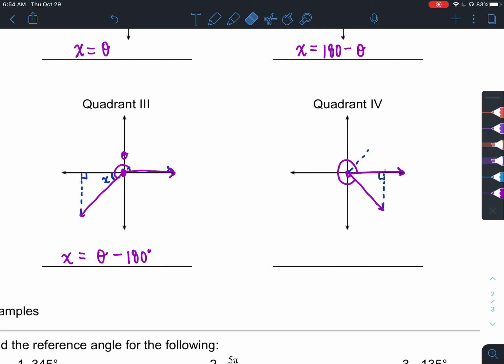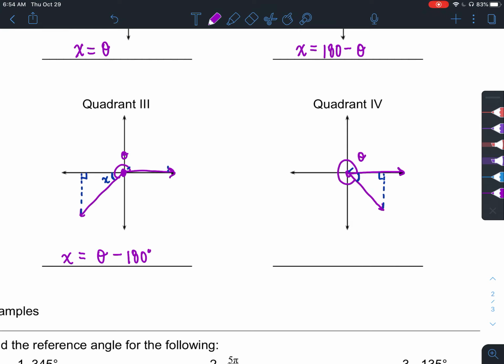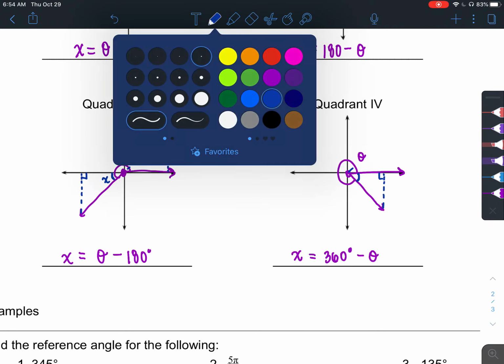So what we want to do to find the blue angle is we want to take our entire circle, and then we just want to be left with this little bit. So if we take 360 minus our theta, we'll be left with just our x.